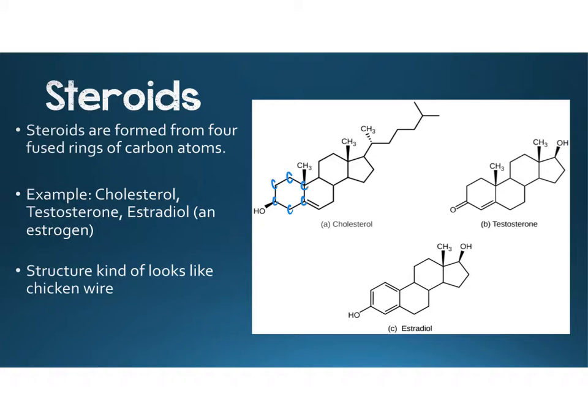So if we look at this structure here, this cholesterol, there are carbon atoms at each of these points along that hexagon. And if you don't see something else drawn on the carbon, so here we've got carbon bonded to this OH group here. Remember, that's 1 bond for that carbon.